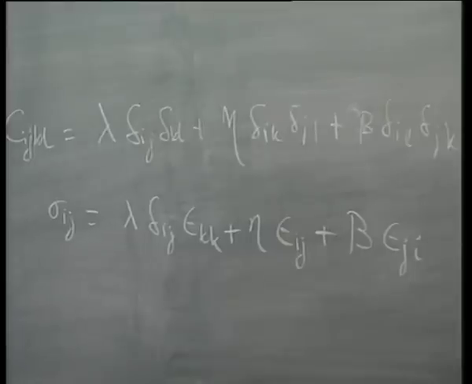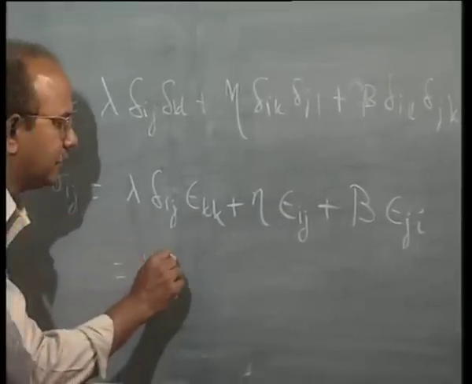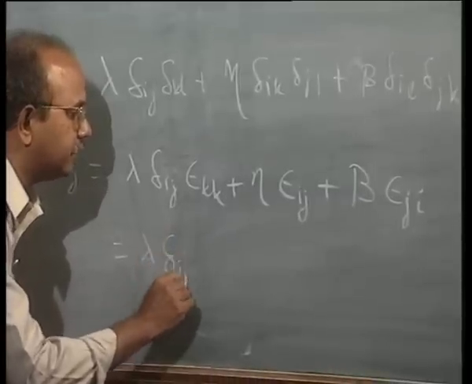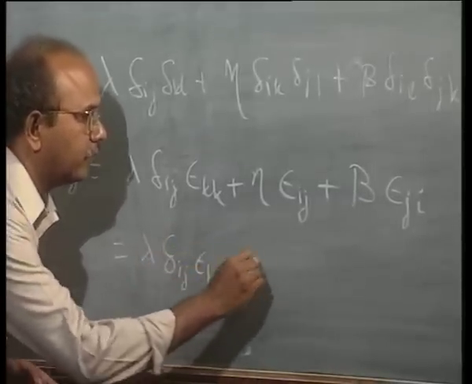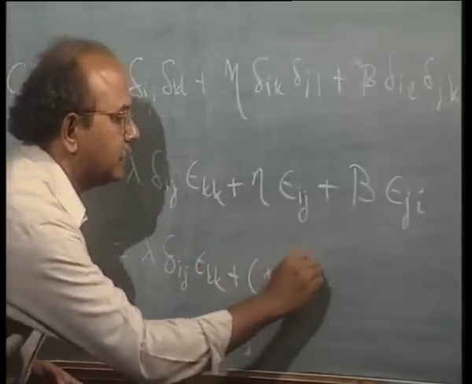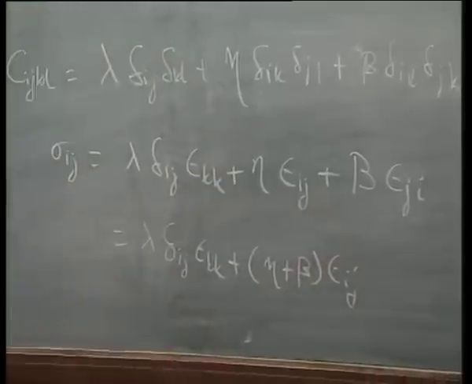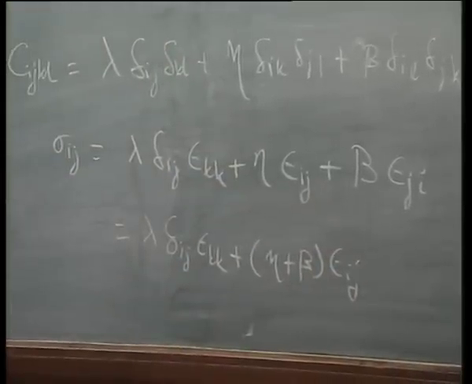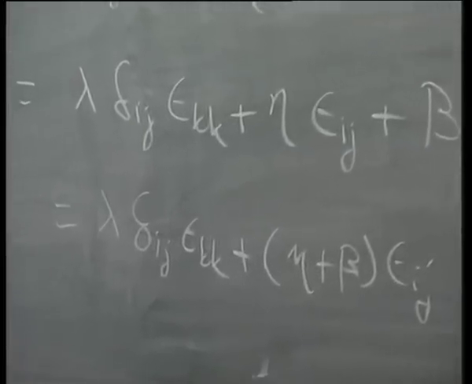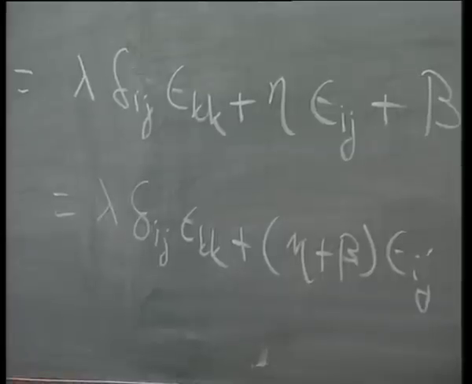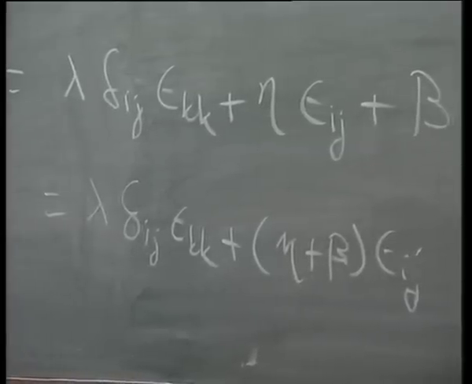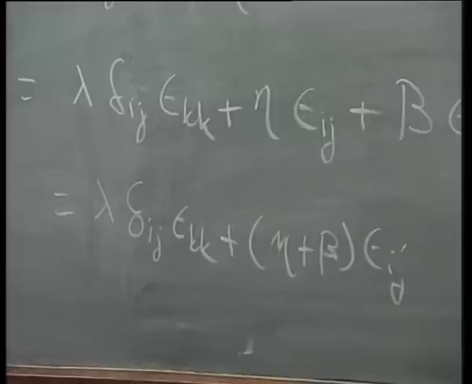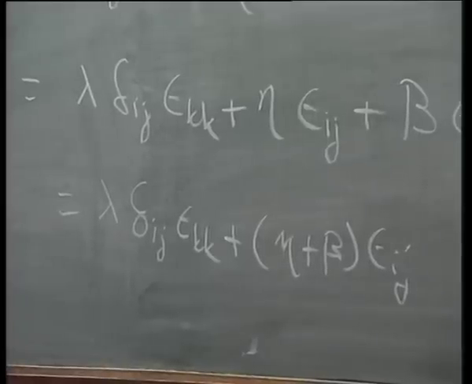So this equation can be written as lambda delta_ij epsilon_kk plus eta plus beta epsilon_ij. Now eta and beta, lambda and all are constants. So let me replace this eta plus beta with 2 mu, because I just want to write this as 2 mu.